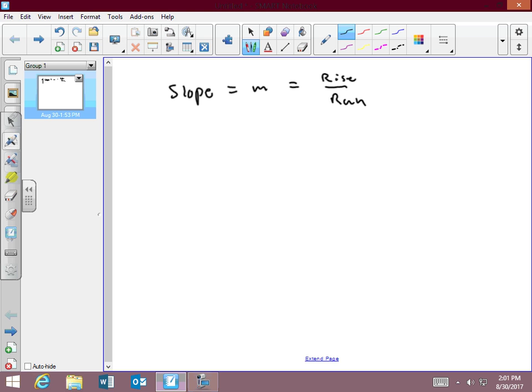And if you have 2 points, x1, y1, point 2 is x2, y2, then when you calculate the slope, the rise is y2 minus y1 over x2 minus x1.